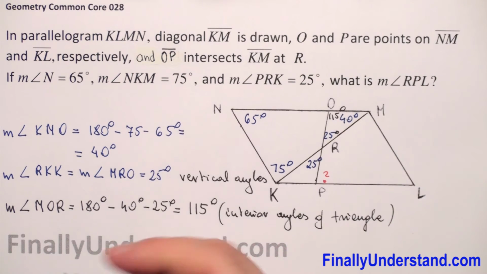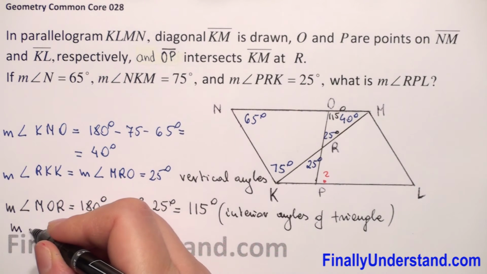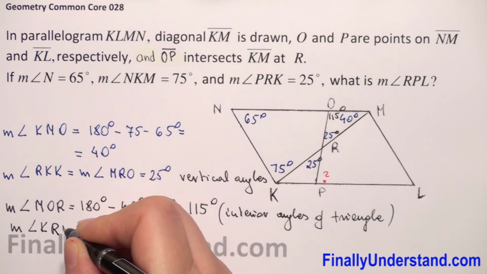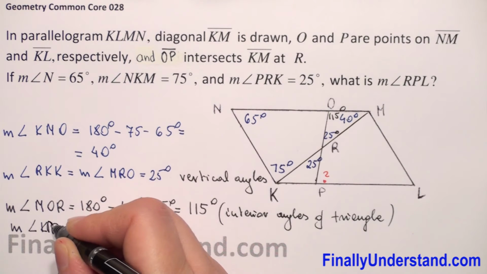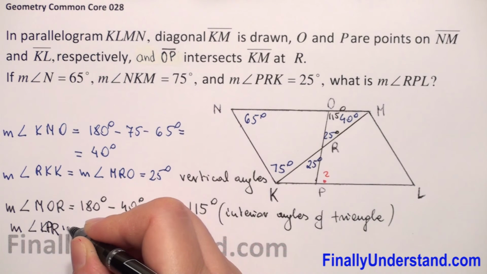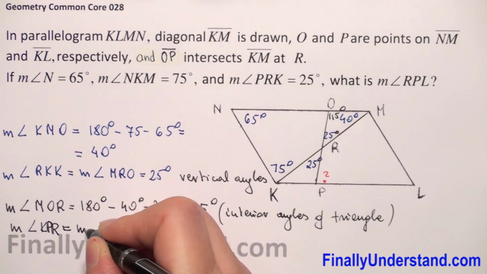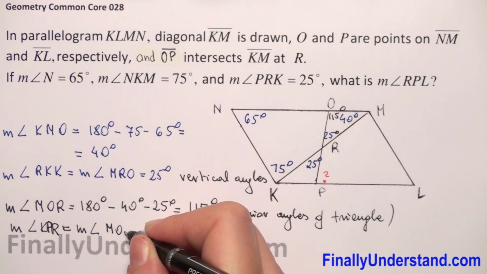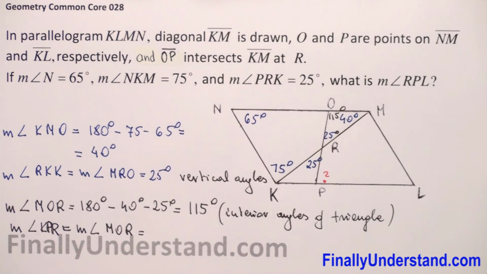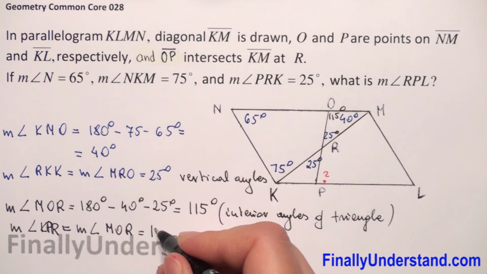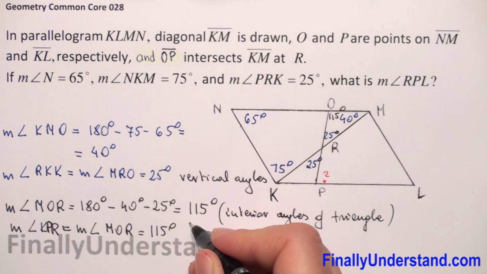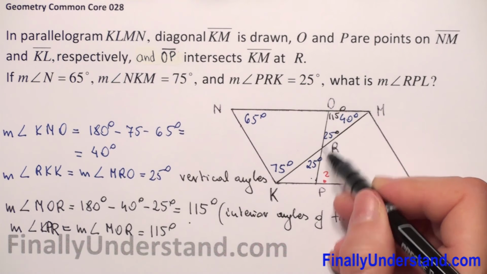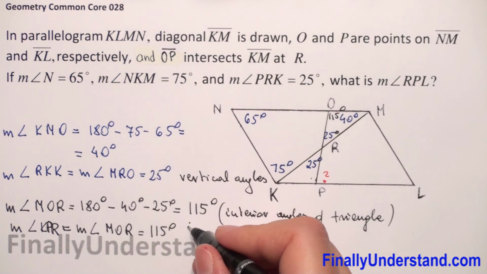So we can write that the measure of angle KPR is equal to the measure of angle MOR, and this is equal to 115 degrees because we have here alternate interior angles.